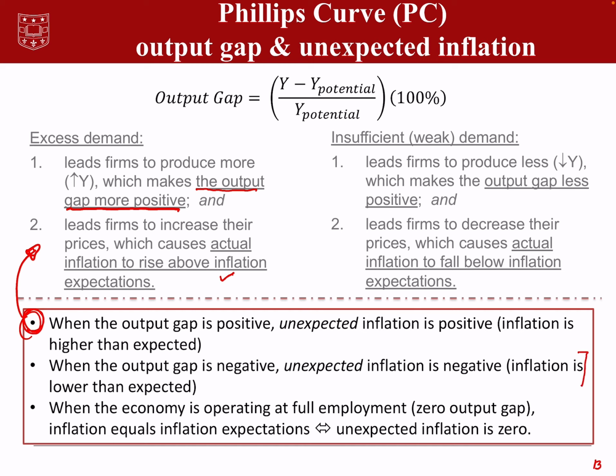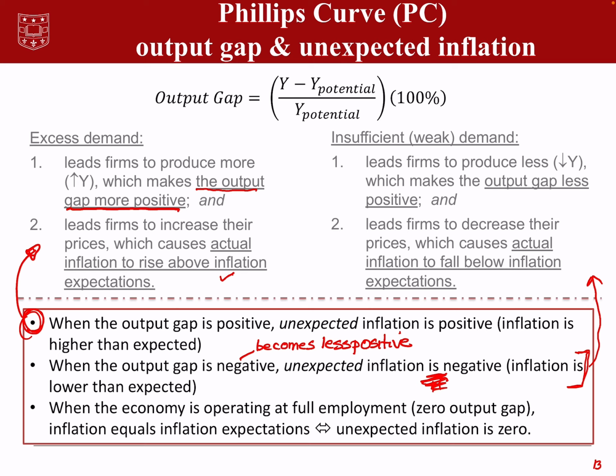The second bullet point is what we're describing up here. We see this relationship between the output gap and what's happening to actual inflation. So when the output gap is negative, or in other words, becoming less positive, to use the formal language of the book, unexpected inflation is negative, becoming smaller, and the actual realized inflation will be lower than expected.